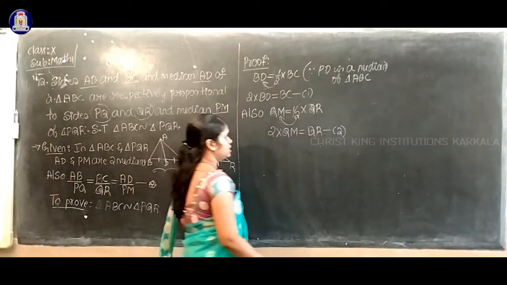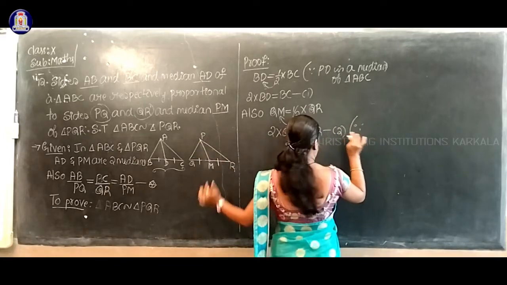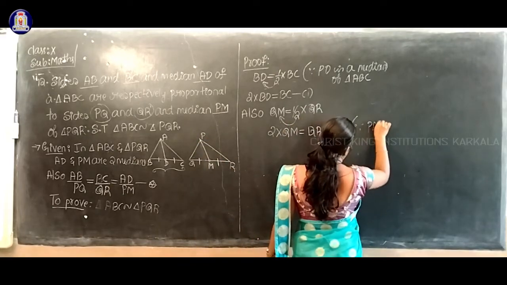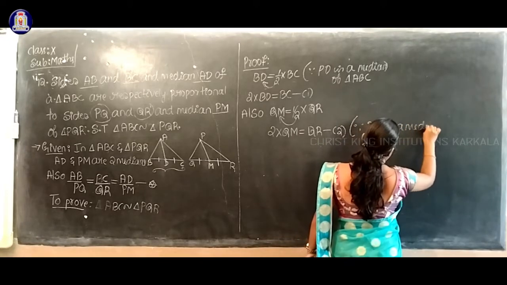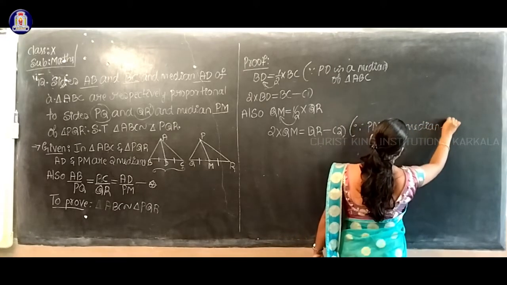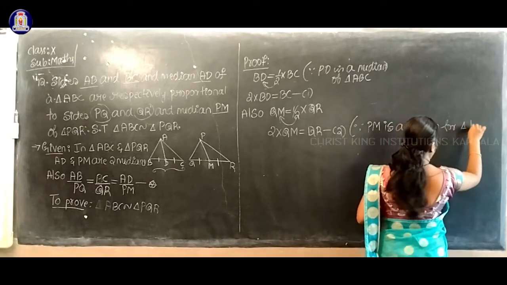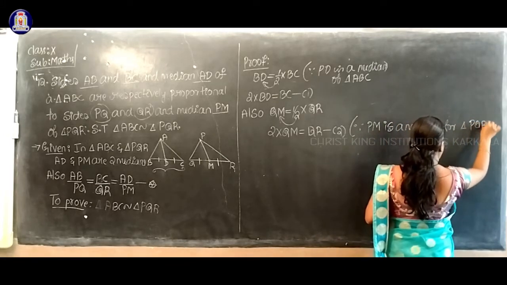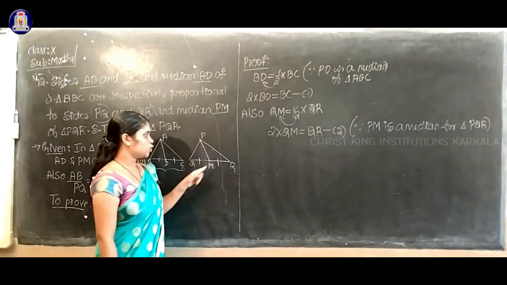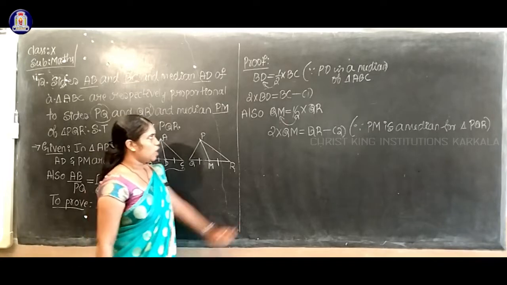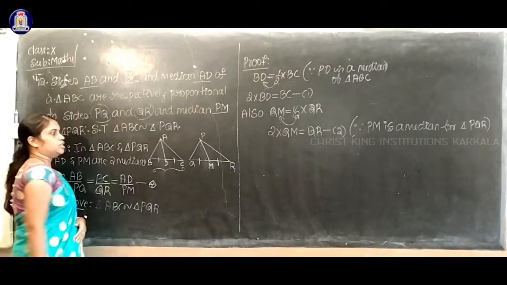What is the reason here? Since PM is a median for the triangle PQR. So this is equation number 1, this is equation number 2. Keep it.